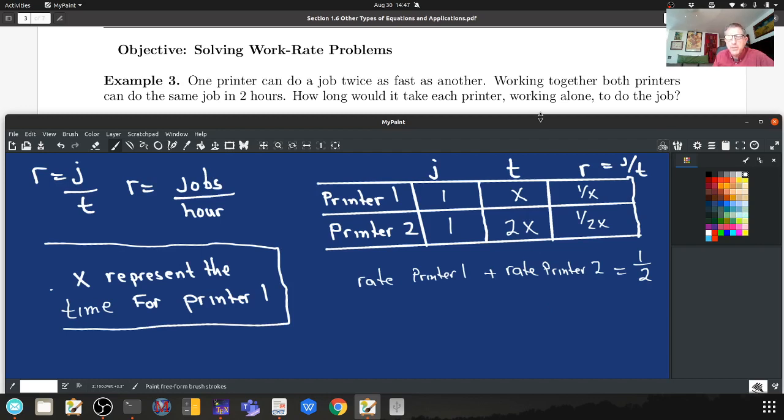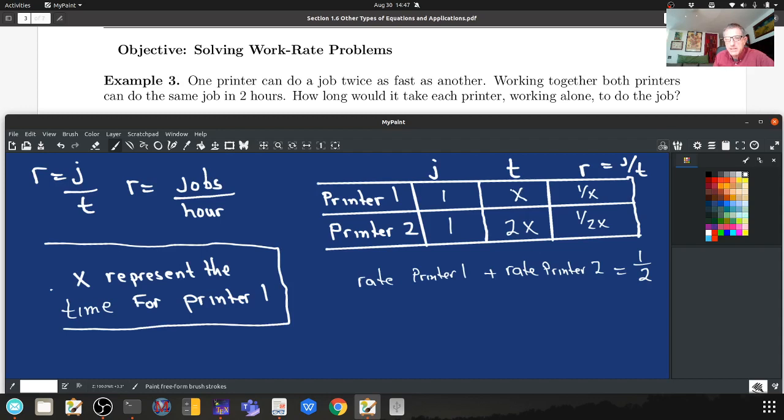Working together, both printers can do the same job in 2 hours. So that's one job over 2 hours. Twice as fast is where I get my 2x. Sorry if I misled there.